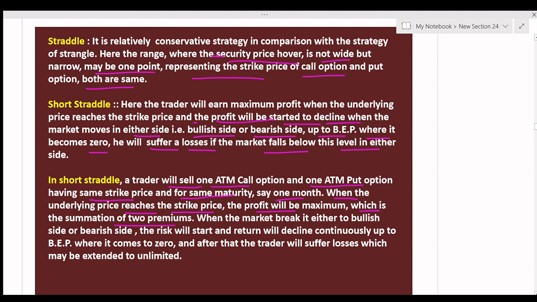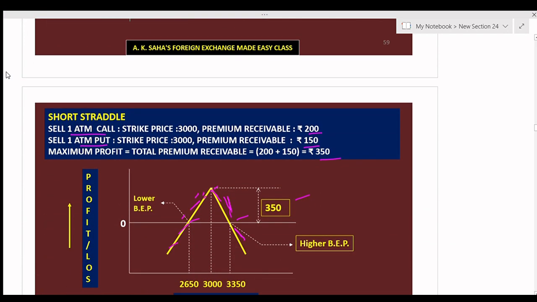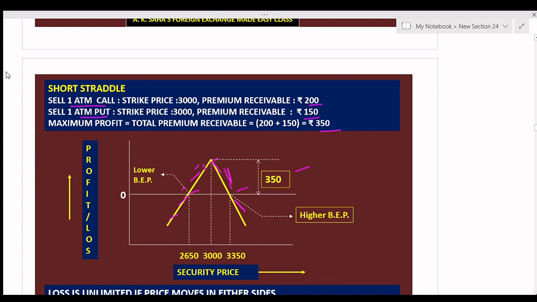When the market breaks either to bullish side or bearish side, the risk starts and the return will decline continuously up to BEP, break-even point, where it comes to zero, and after that the trader will suffer losses which may extend to unlimited. Here the ATM strike price call is 3000 and premium receivable is 200, and for put option the premium receivable is 150.